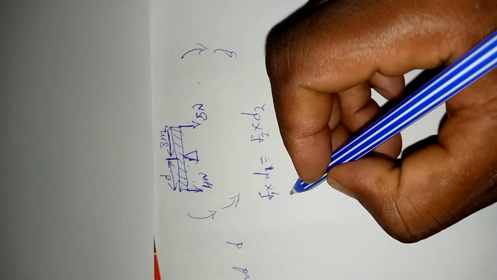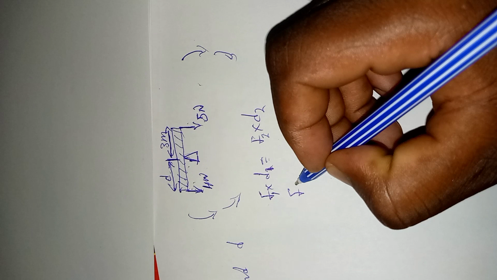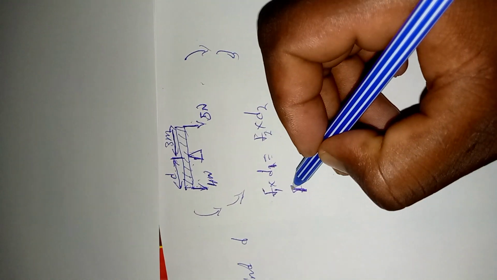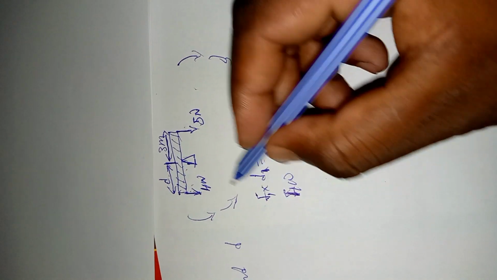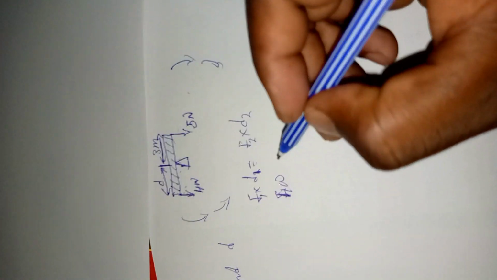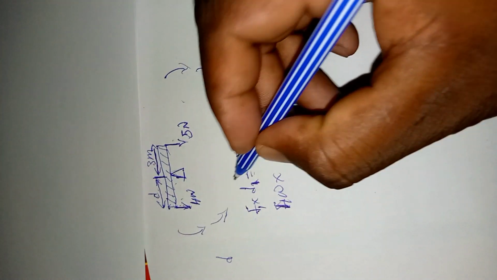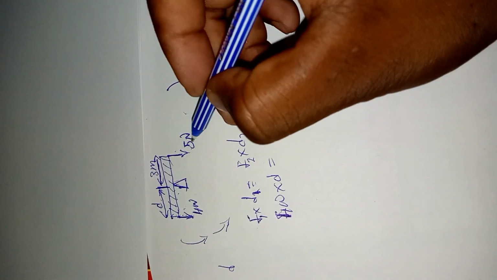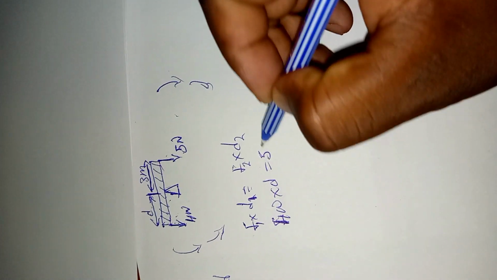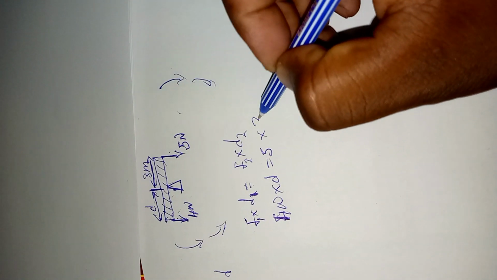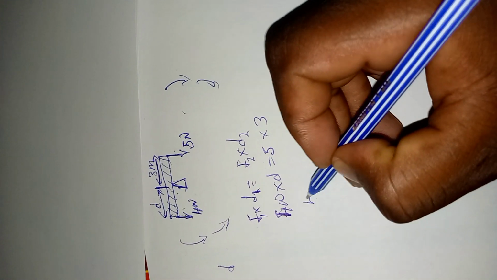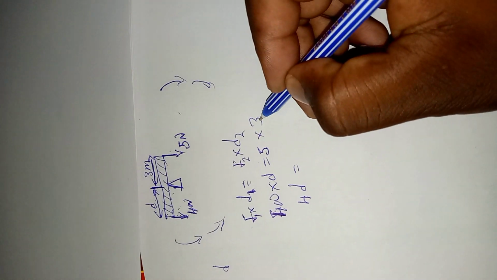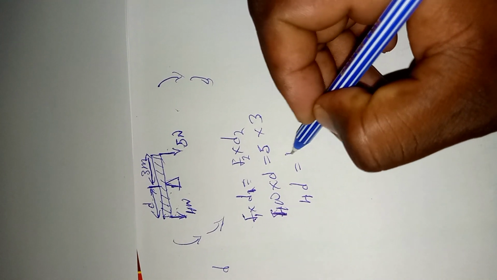So you say force 1 here is 4 Newton, times distance, the one you are looking for, which is equal to force 2, which is 5, times distance, which is 3. So 4 times D is 4D, which is equal to 5 times 3, which is 15.